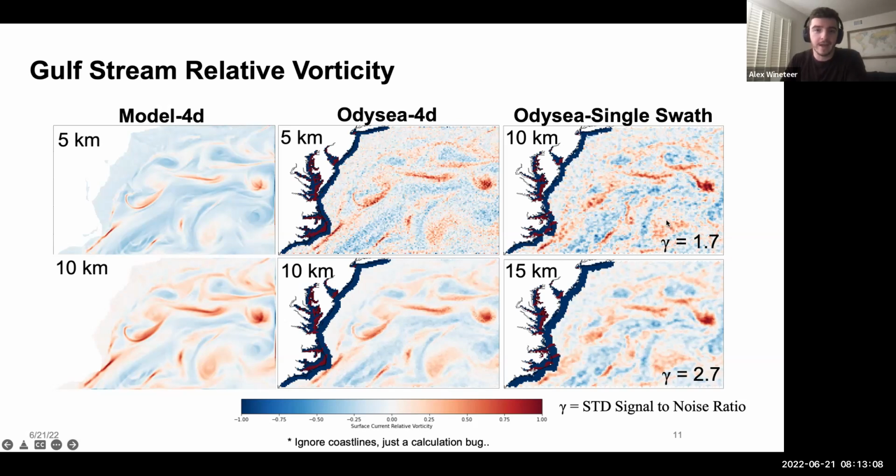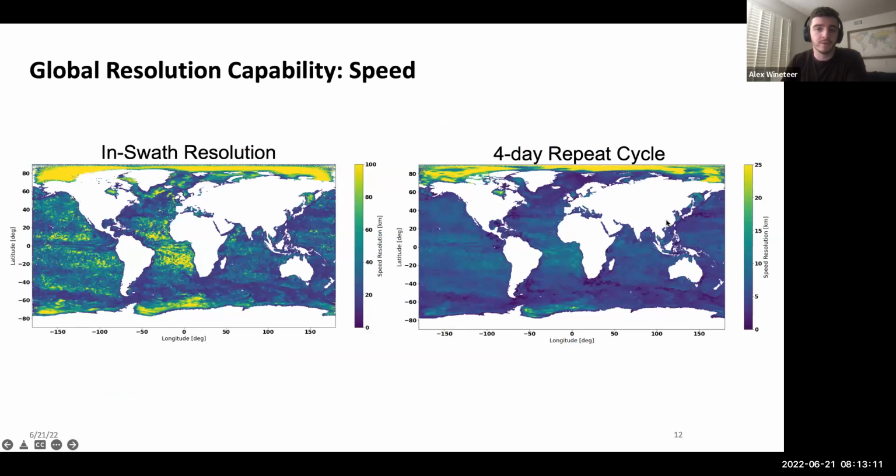If we look at something more globally, these are the results from the simulator for in-swath resolution speed on the left and the 4-day repeat cycle on the right. So starting from the in-swath resolution, this is based on getting a standard deviation signal to noise ratio of 3. So that's a variance SNR or a spectral resolution of 10.